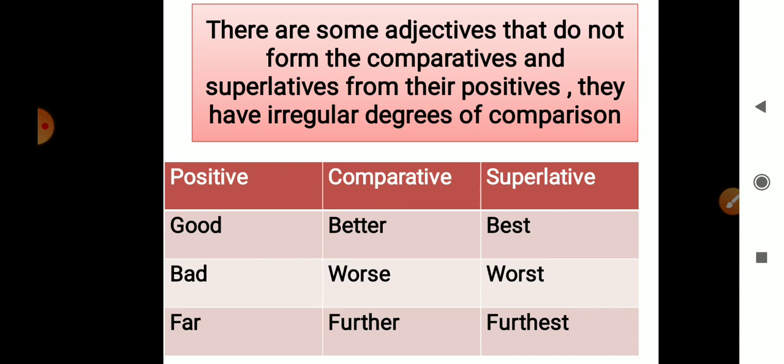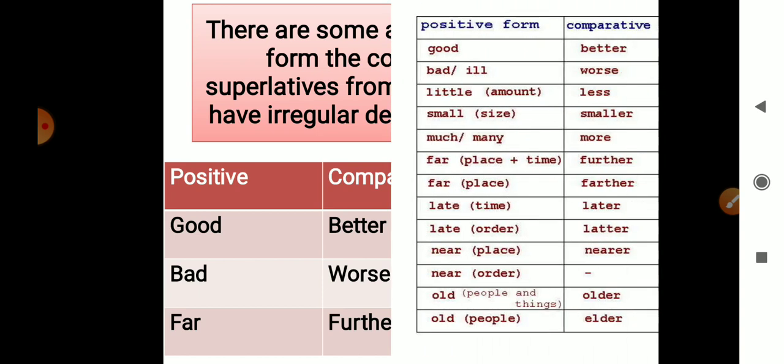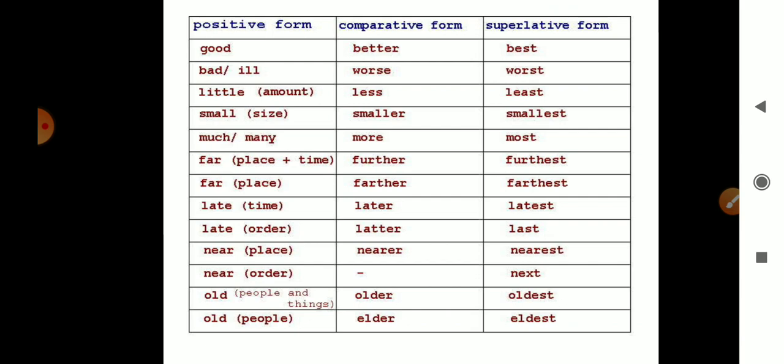Now one task or homework I would like to give you. Find out more words that have irregular degrees. At least find 15 words and write them down in your notebook, with the positive, comparative and superlative forms.